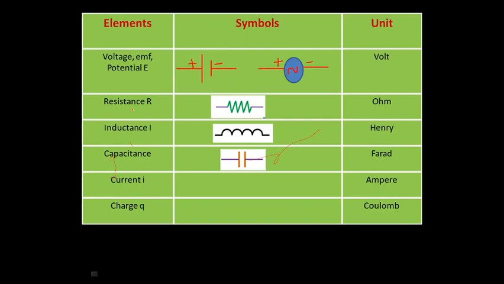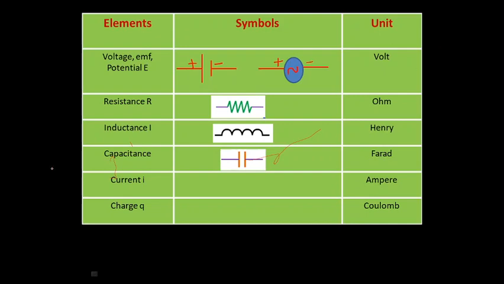The unit for resistance is ohm. A resistor dissipates the energy and opposes the current, and the voltage drop across the resistor is obtained by Ohm's law.